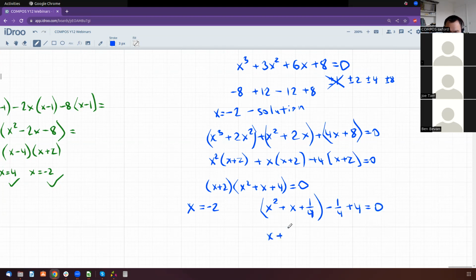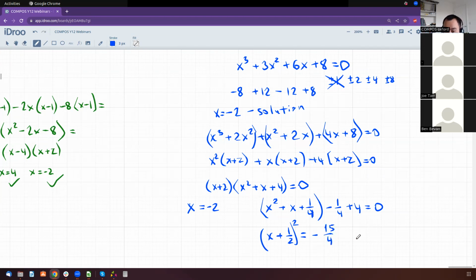So x plus a half, squared, is going to be equal to minus 16 minus 15 over 4.